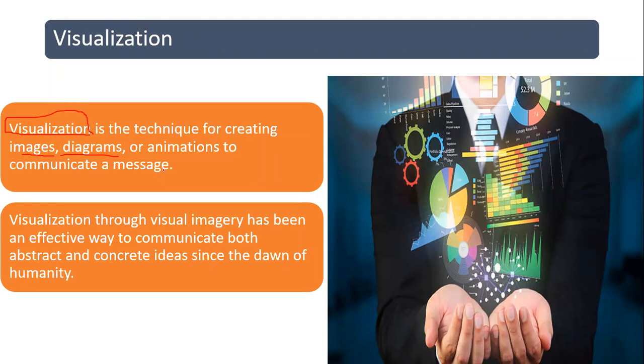You may be showing it through diagrams, flow charts, graphs, or animations, and you present it to them so that they can understand in a better way, right? So that's why we say it's an effective way of communicating to the end parties. End parties means something like the consumer and the producer, right? Because results are required by both the producer and the consumer.